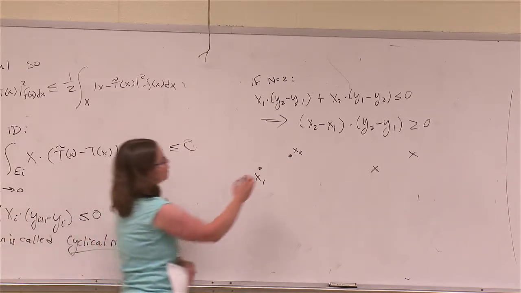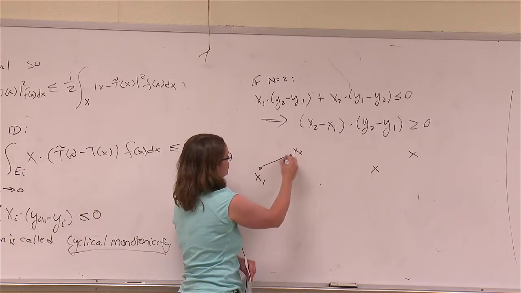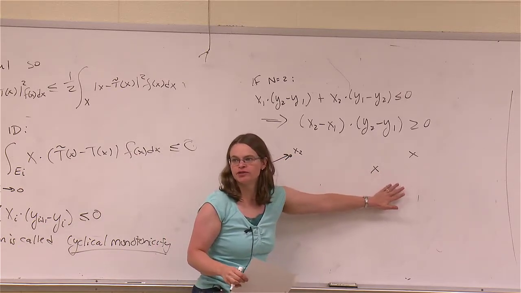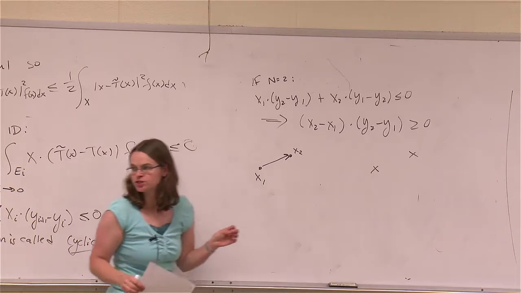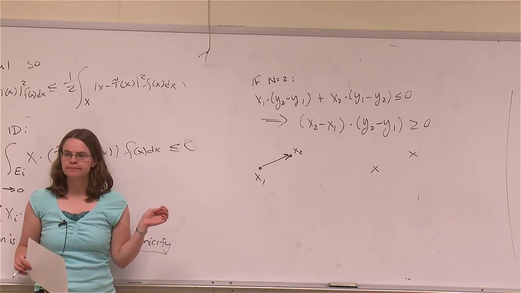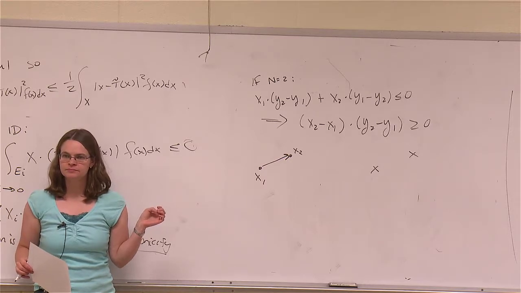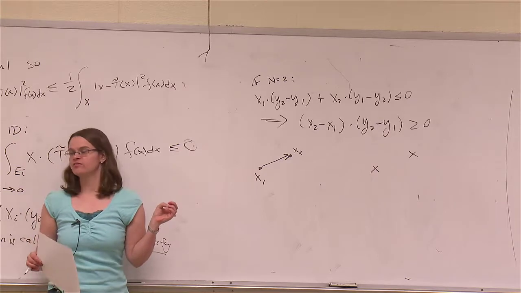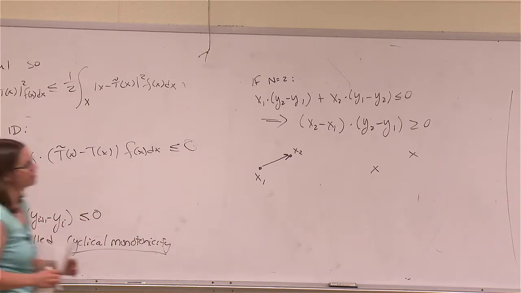So what do I know? I know that this vector x2 minus x1 dotted with an arrow that points from y1 to y2 is greater than or equal to 0, which tells you what? Their angle is less than 90 degrees, exactly. They've got to make an acute angle.